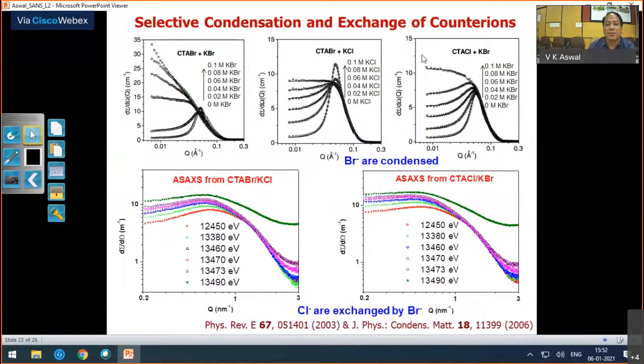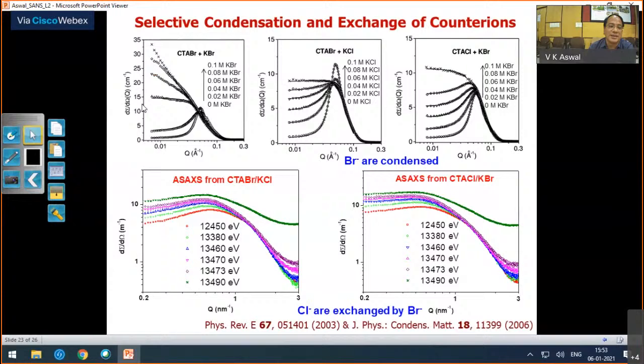So this is how you verify in research problems. First, when you have these counterions, bromide and chloride, there is selective condensation. Particularly if you take this system CTABr and add some bromide salt, you have a strong change in the scattering pattern, where you have these spherical structures going to rod-like and very large structures.